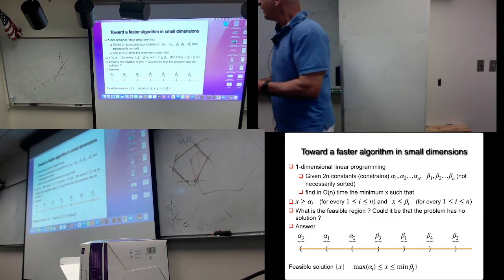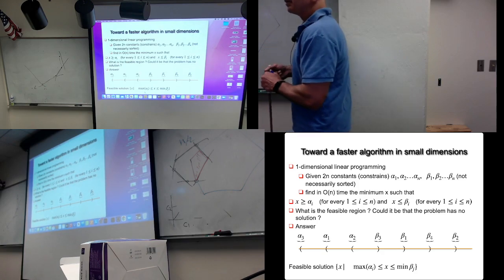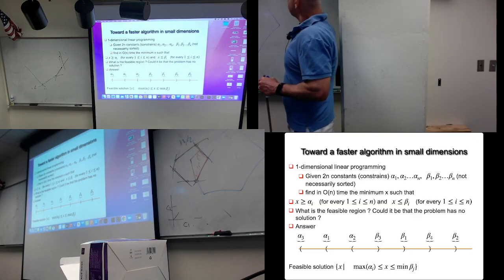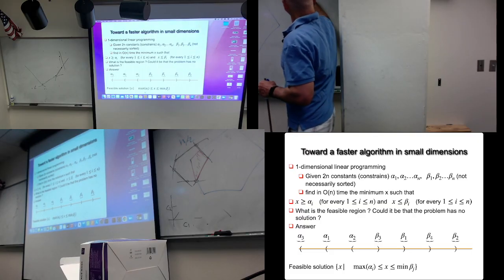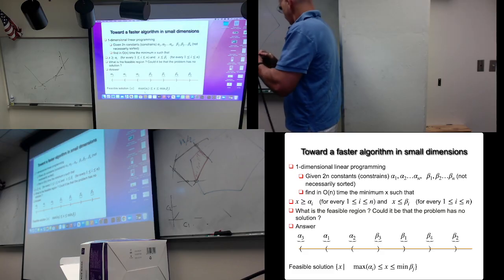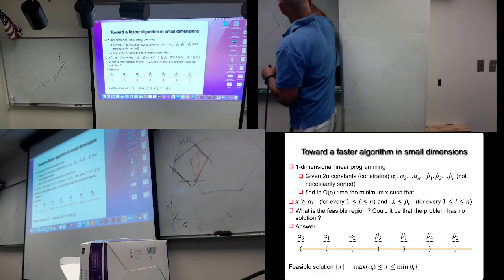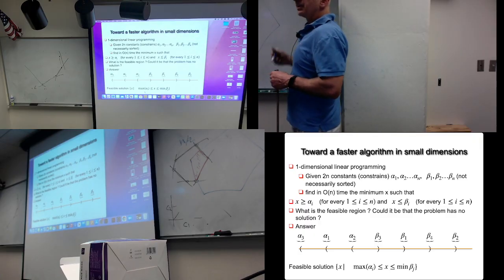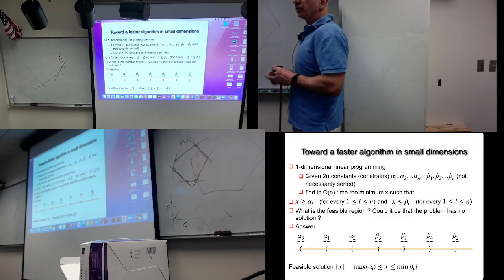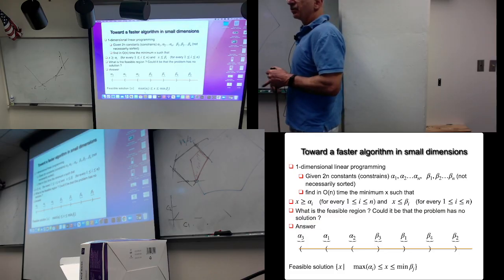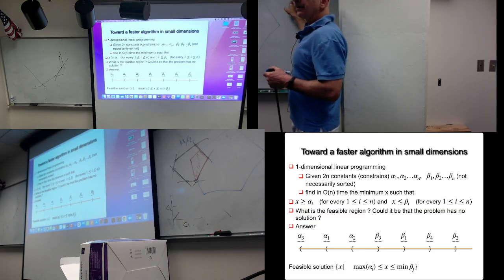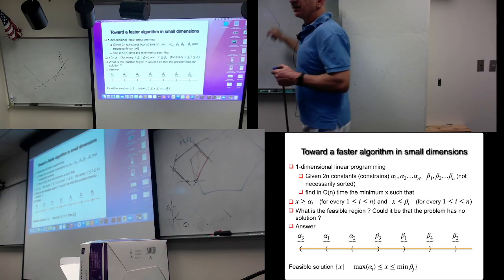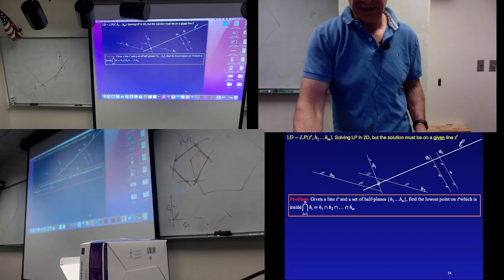And oh, by the way, it is quite possible that this is the way that my alpha i's and beta j's are arranged, in which case I don't have a solution at all. This algorithm will tell me there is no solution because the minimum is smaller than the maximum. So I tell you that there is no solution.